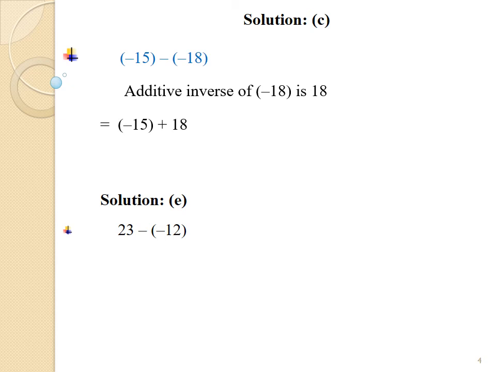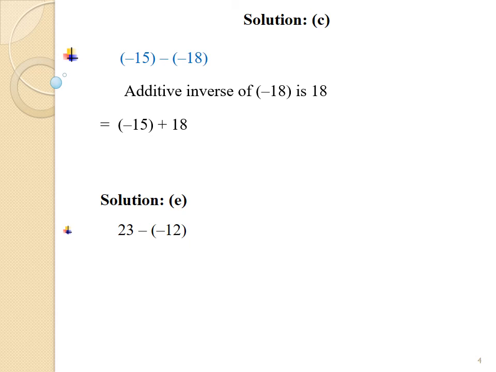Now let us follow the rules of addition of integers. Students, recall the rules of addition of integers and solve the next step. Now let us subtract 15 from 18 as both the integers have opposite signs.